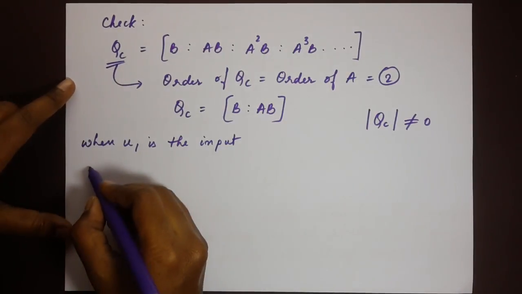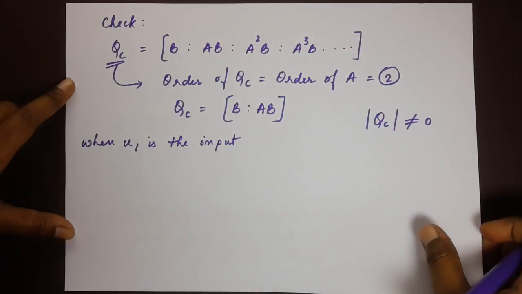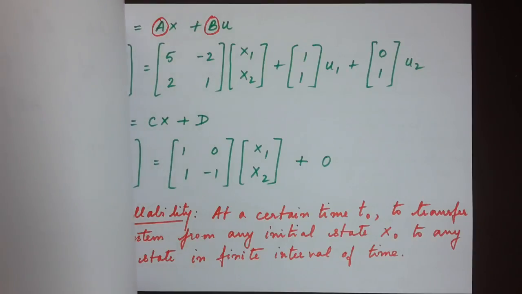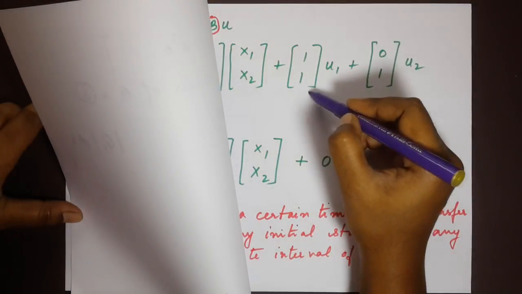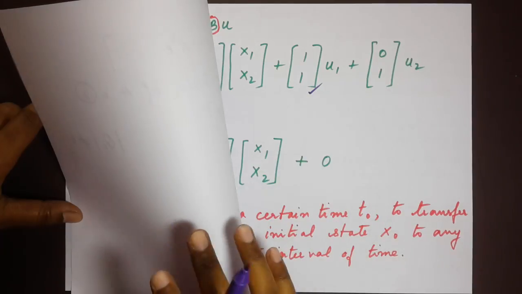When U1 is the input, we already have our matrix B from what we have written earlier. Matrix B is 1, 1 or 0, 1 corresponding to U1 or U2. So since we are starting with the input U1, the matrix is 1, 1.